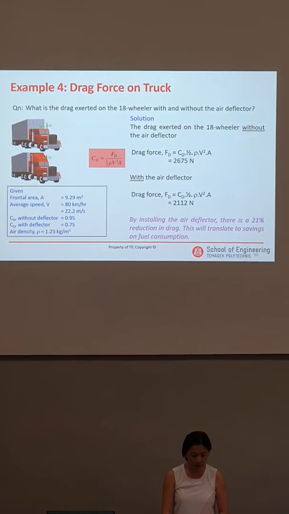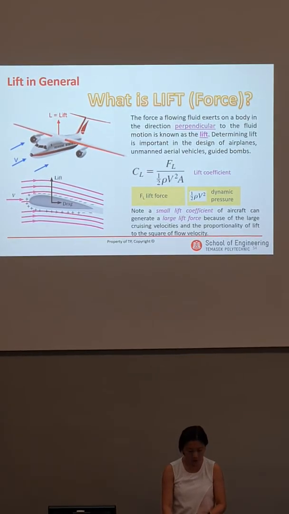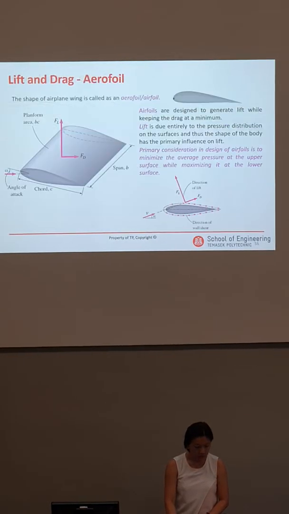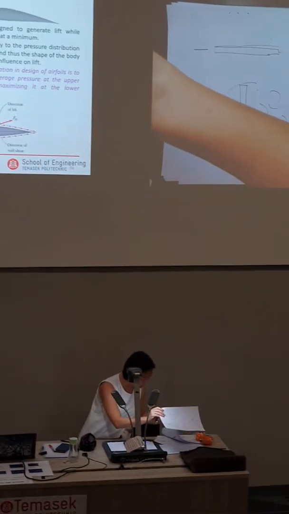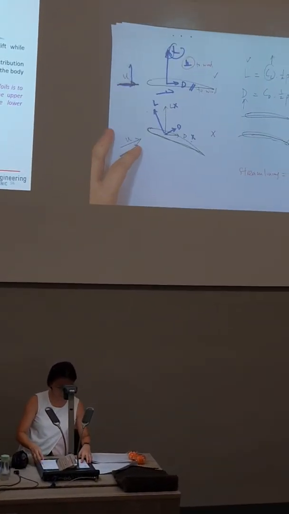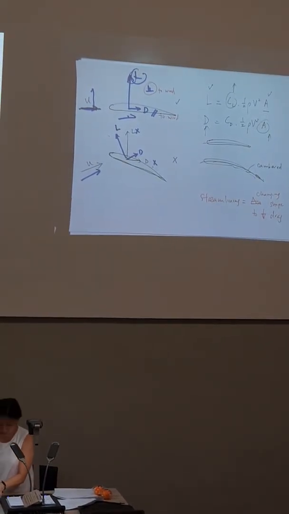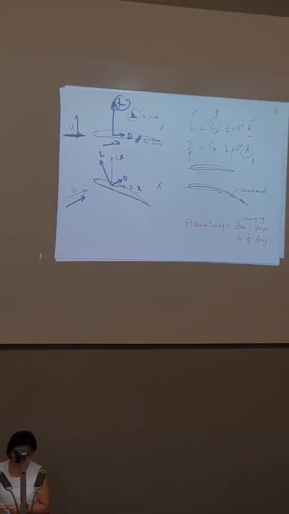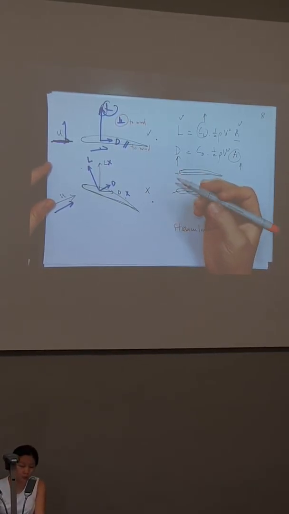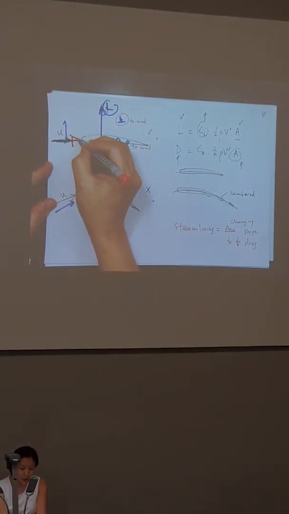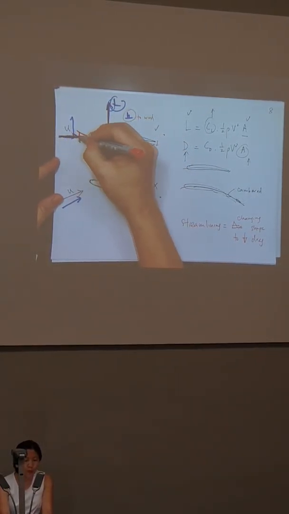Streamlining, we talk about streamlining. And then we talk about lift. That's the formula. I drew the whole question just now. Lift is perpendicular. Remember this? This diagram here, I drew to highlight that if my flow is coming in this direction, my lift is always perpendicular to the flow direction.